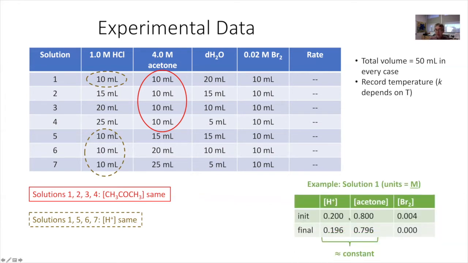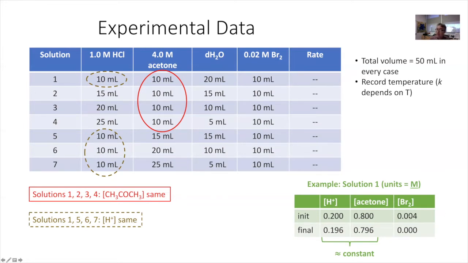Now, the hydrogen ion concentration, then you can see, will be 1 molar times 10 mL divided by 50 mL, the total volume, and that gives you 0.2 molar. The same kind of calculation shows you that acetone's concentration is what you see here, and bromine's this.